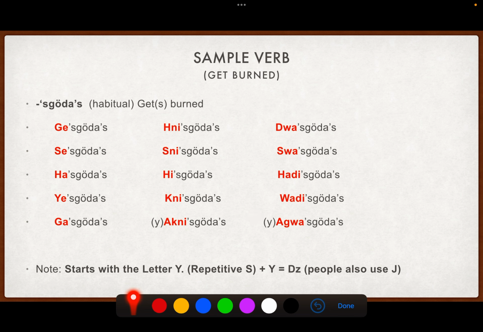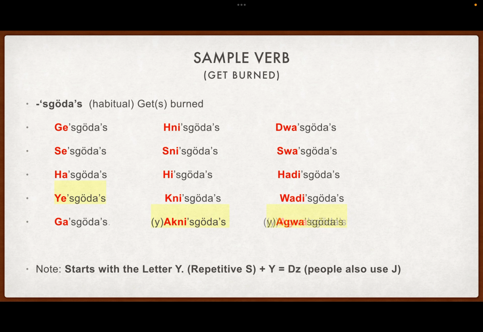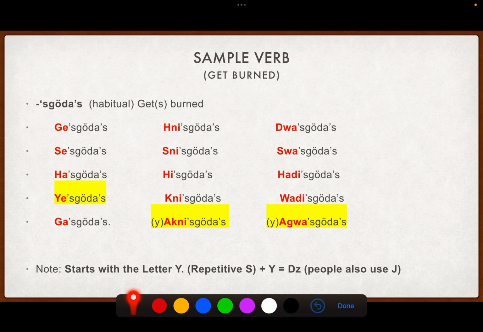So if it starts with the letter Y, we're going to do the same thing we did last time. The repetitive S plus the Y is going to turn into a DZ. So these ones, instead of akni and agwa, if we make them repetitive now, well, we're singling those out, right? Oh, this one too starts with a Y. Yay.